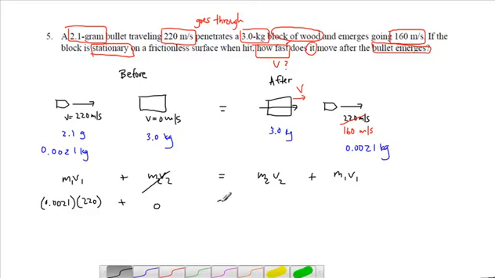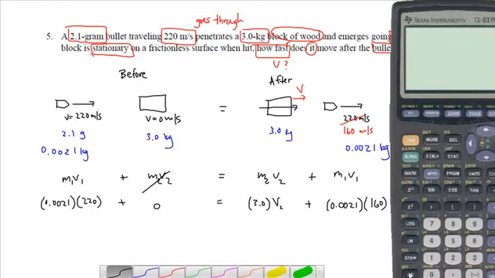This is just 0. Here the mass is 3, of the block. The velocity I'm trying to find, we'll call it v2, and then the mass of the bullet, still 0.0021, with the new velocity of 160.